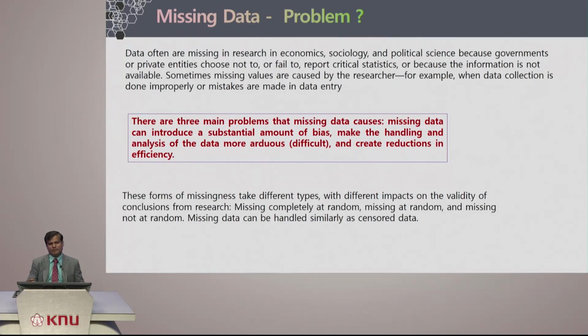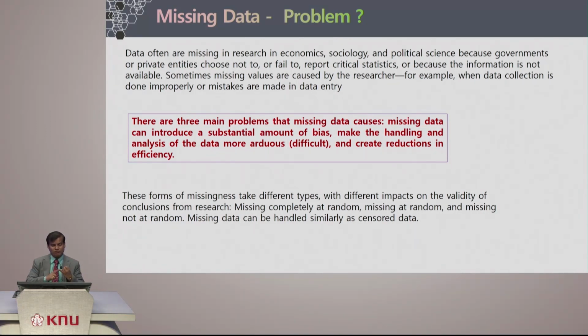If humans are inputting the information, humans are prone to error, and it is likely that we miss some information. There are three main problems that missing data causes. Missing data can introduce a substantial amount of bias, make the handling and analysis of data more difficult, and create reductions in efficiency. Can you see that?